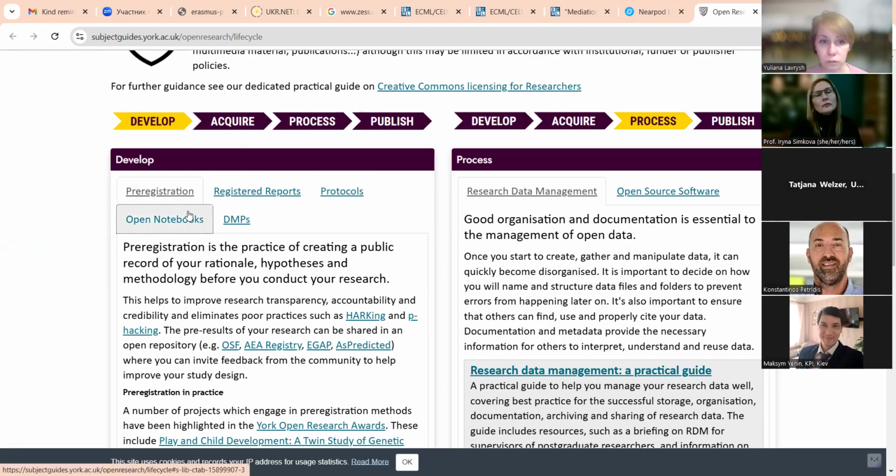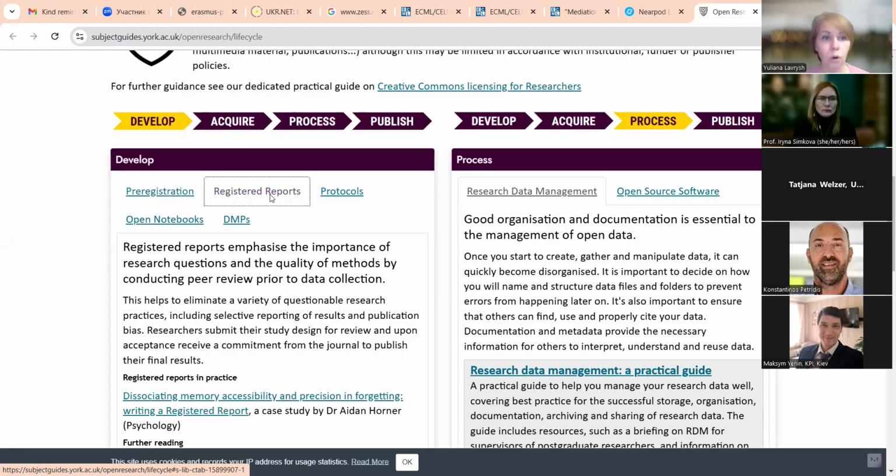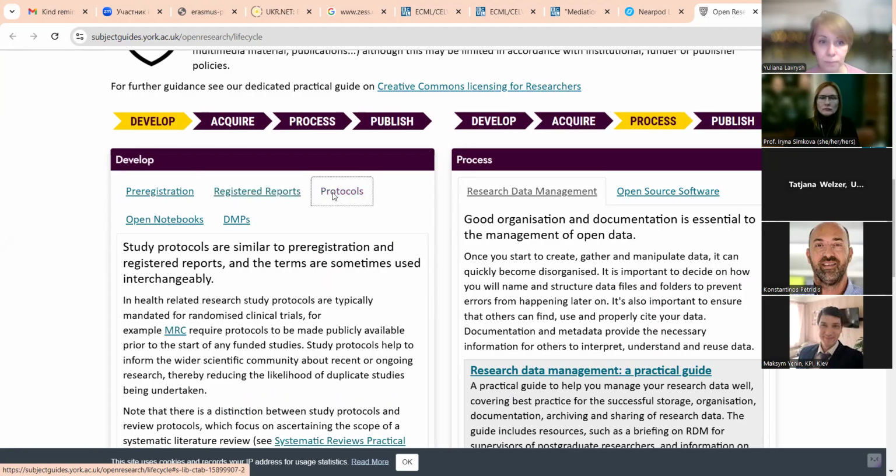For example, pre-registration or registered reports or protocols, open study protocols or research protocols. They're similar to pre-registration and reports.